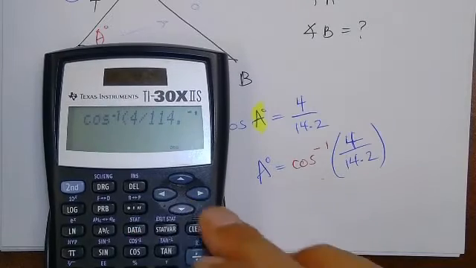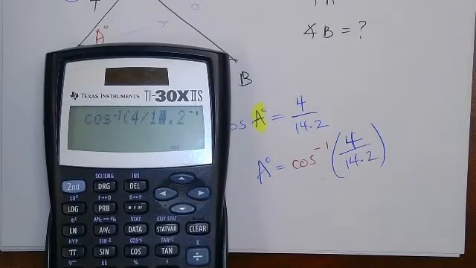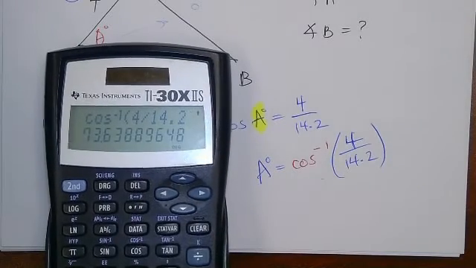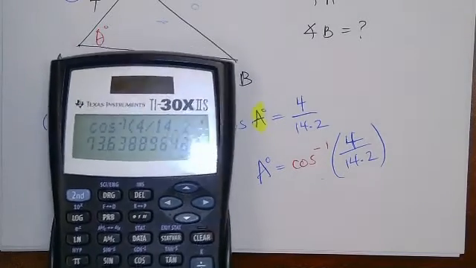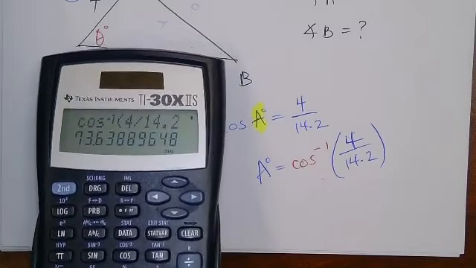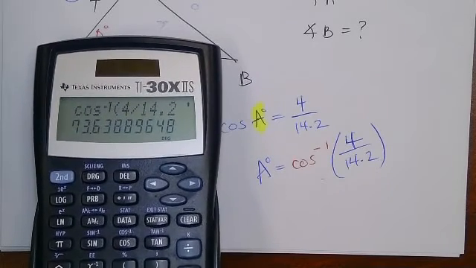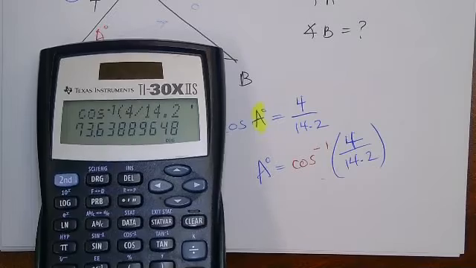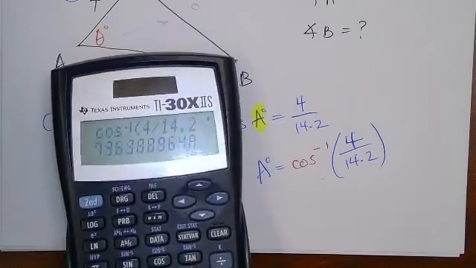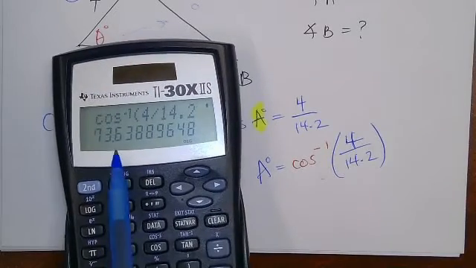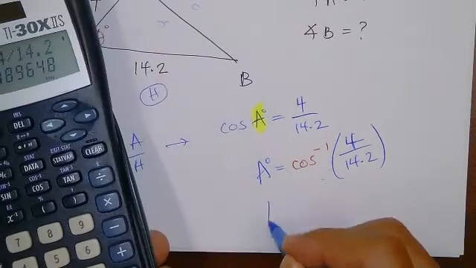Oh, that's not right. Put an extra 1. I got 73.6. Let me check my key over here, because, yeah, that's right. 73.6. Remember that here on the worksheet, they're rounding to the tenths place.